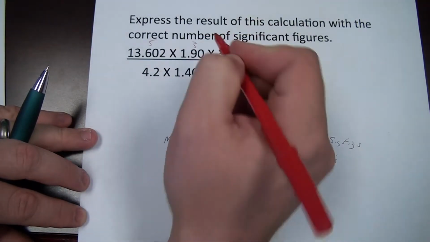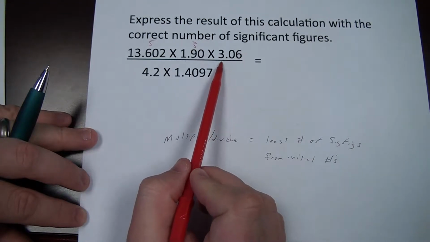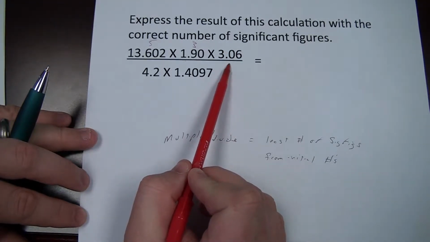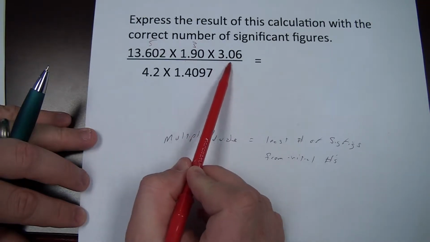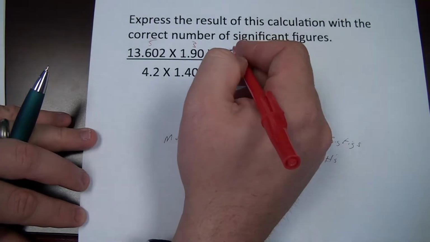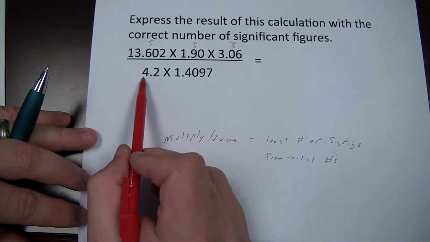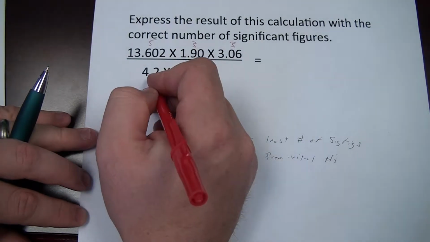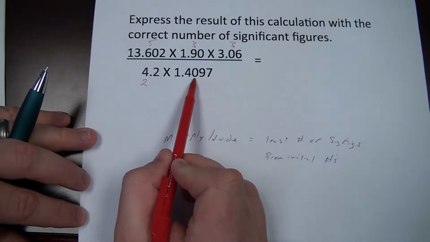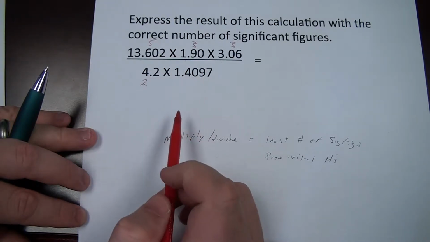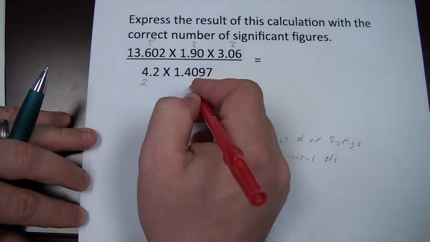So this has 3. Again, 3.06, this 0 is between two non-zero numbers, so it is significant, so it also has 3. Here we have 2 non-zero numbers, so there are 2 significant digits here. And again here, because these zeros are in between non-zero numbers, this has 5.